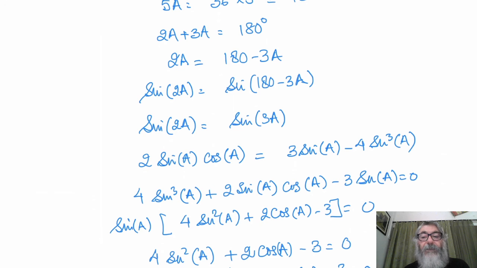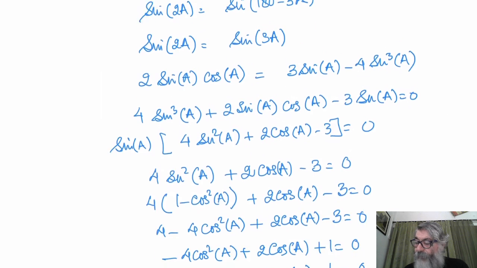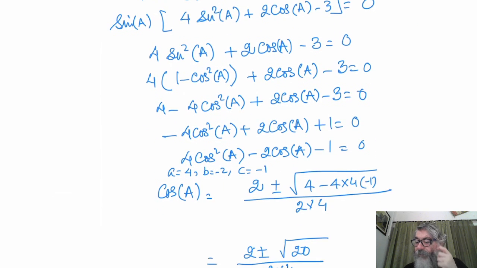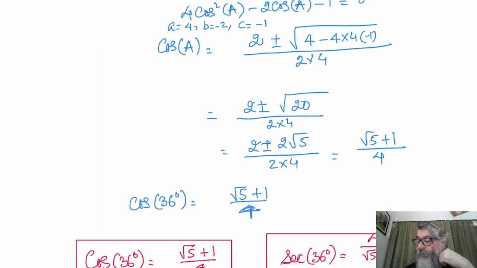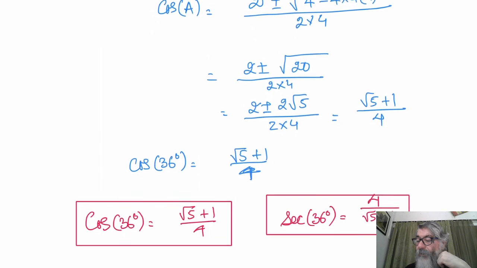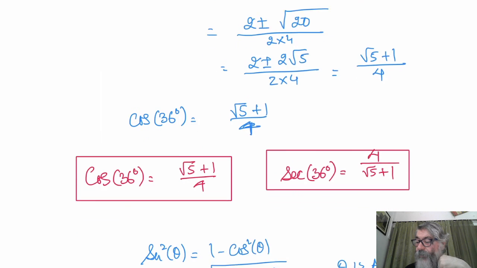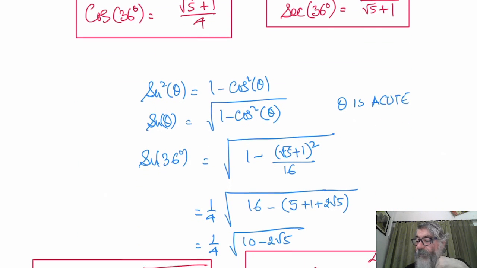There is no change along the horizontal line. There is a change of sin to cos, cos to sin, tan to cot, cosec to sec, and sec to cosec around the vertical line. From that also we got the quadratic equation. We calculated the value of cos 36, then sec 36 as the reciprocal, from that sine, then cosec 36, tan 36, and cot 36.